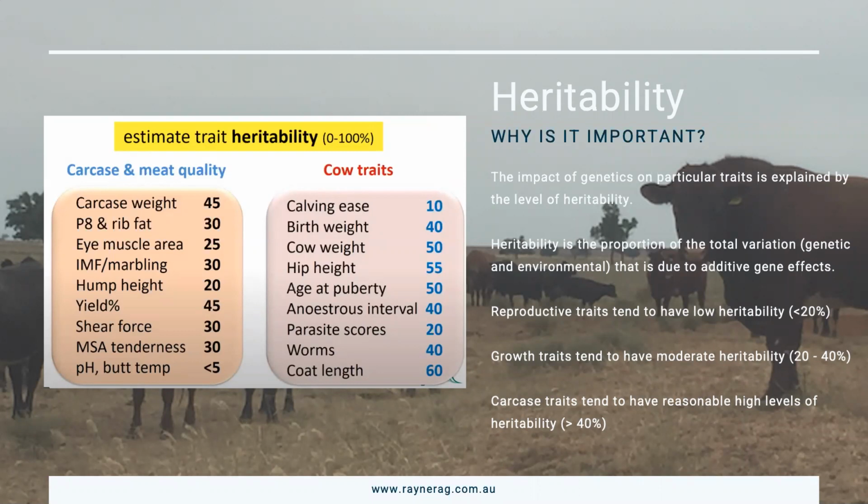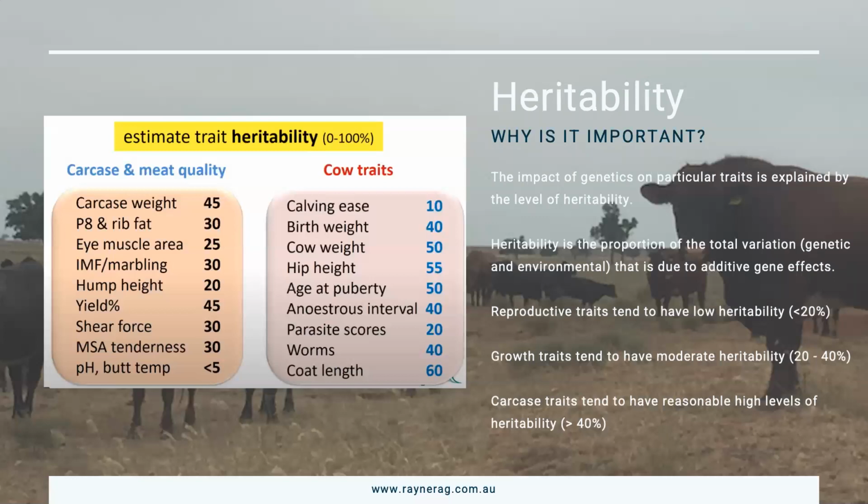That makes sense in your own environment, because nutrition, fat score and other environmental influences have a big impact upon fertility rates within your herd. Whereas growth traits tend to have a more moderate heritability and are fairly readily expressed by animals. And carcass traits tend to have some of the reasonably high levels of heritability.